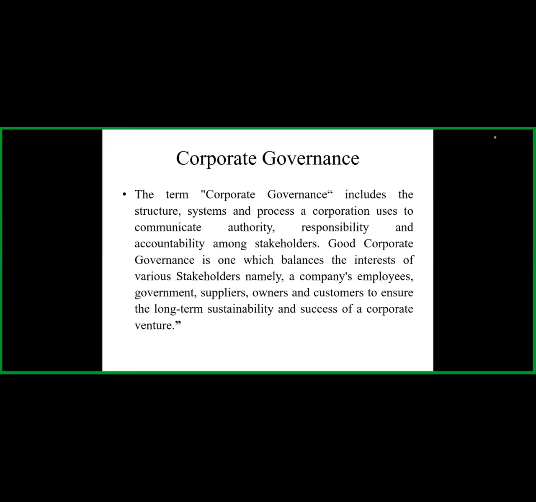Their stakes are involved in the functioning of the company. So when the structure is clear, when the hierarchy is clear, when the stakeholders are also aware of who is heading the company, then they will have no doubt in investing in the company. So that is the importance of corporate governance.